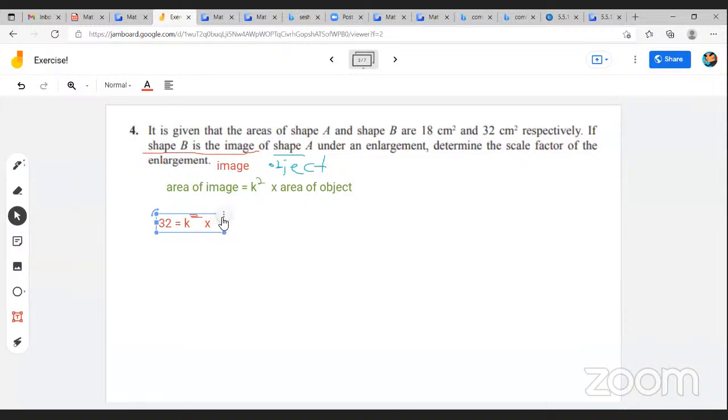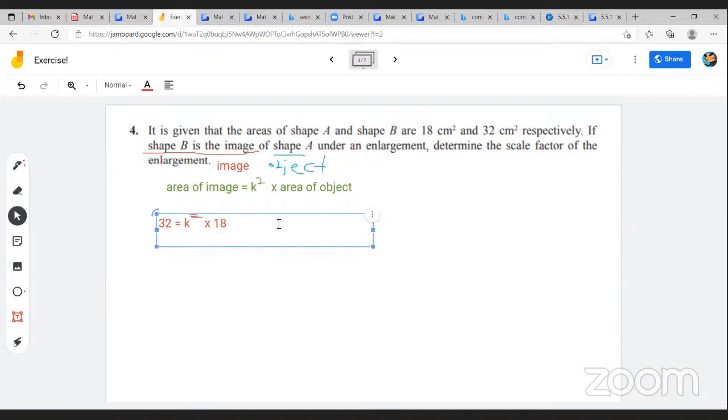And then we multiply that by the area of the object. Okay, so Harin, can you tell me the area of the object, if you don't mind? You can take your time, don't worry. Is it the 18? Yes, that's correct. 18 is the area of the object. All right, good one.